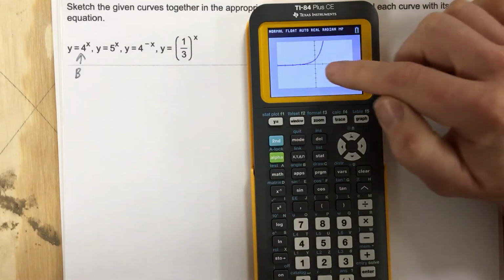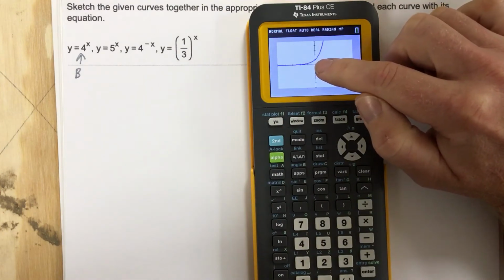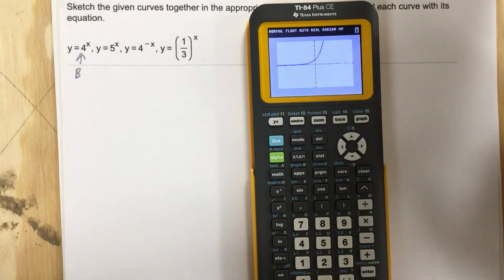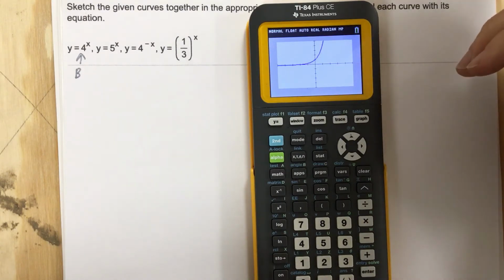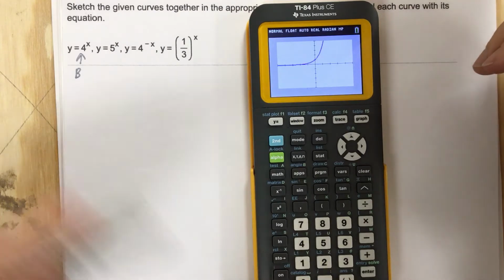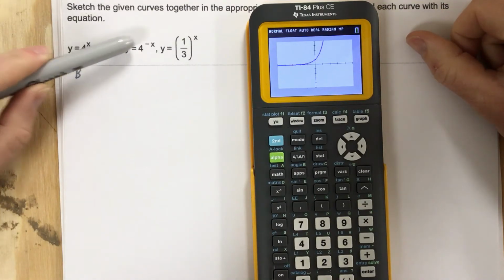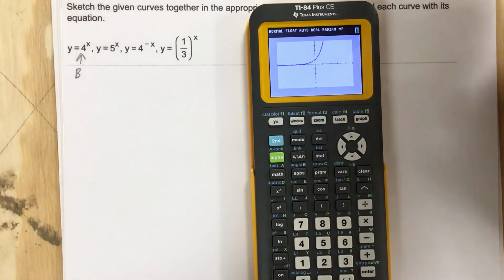All right, let's look at this graph here. Any exponential is going to go through the value of 1 every single time, unless, of course, you have a shift on that exponential. But if it's just the parent function for an exponential, it goes through 1, because if I plug in 0 for x, for any of these exponentials, I get 1, right?